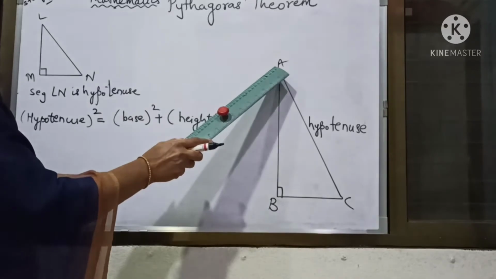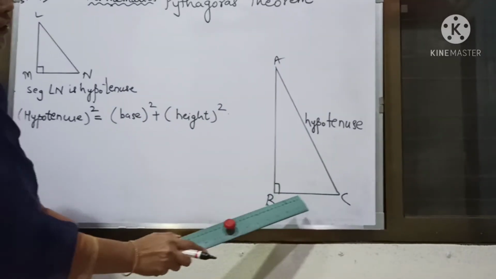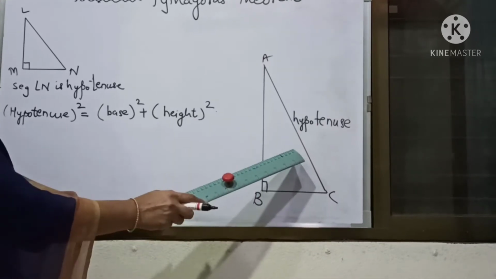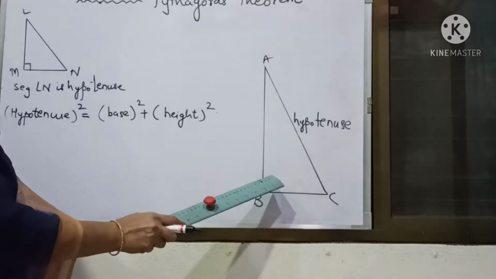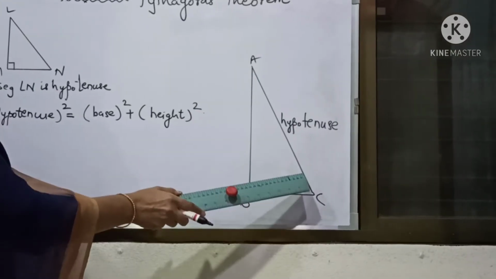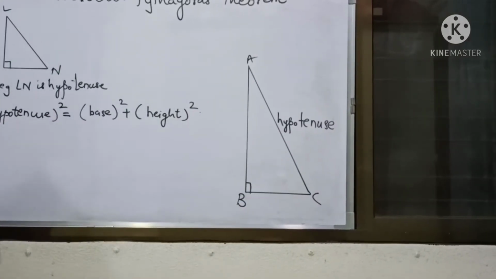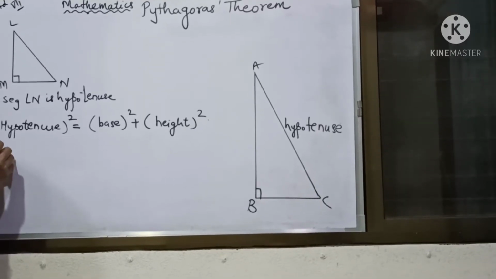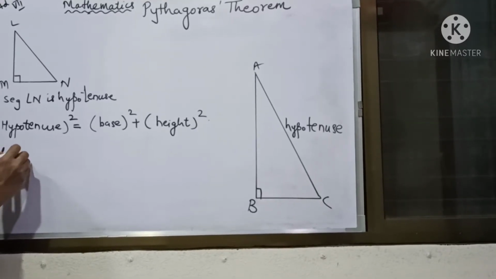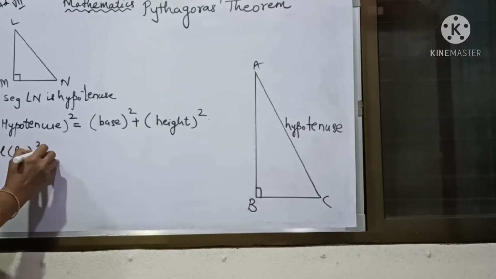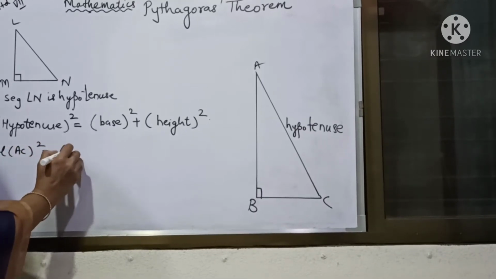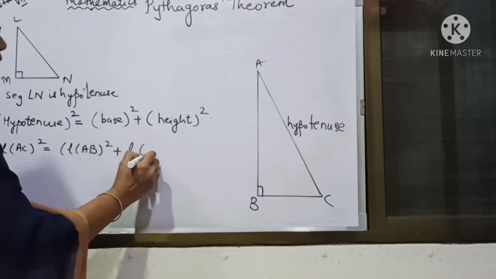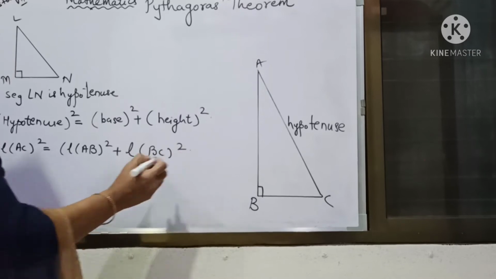So you observe this right angle triangle ABC. Here angle B is the right angle and the side opposite to right angle B is segment AC. So according to the Pythagoras theorem, we have length AC square is equal to length AB square plus length BC square.